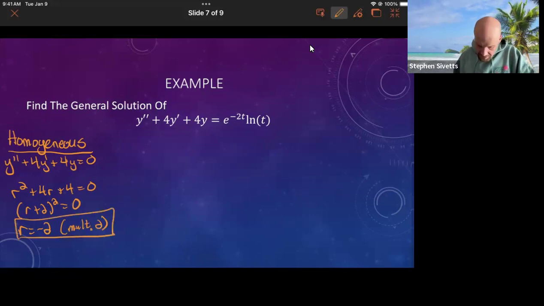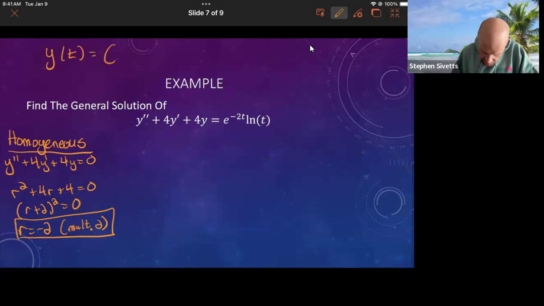What that means is the general solution y of t should look like this: c1 of t times e to the minus 2t plus c2 of t times t times e to the minus 2t.